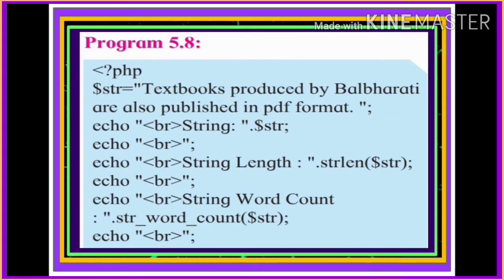This program shows few string manipulation functions. Open PHP by using less than question mark PHP. In next line, mention one variable str by using $ sign, having the string "Textbooks produced by Balbharti are also published in PDF format".